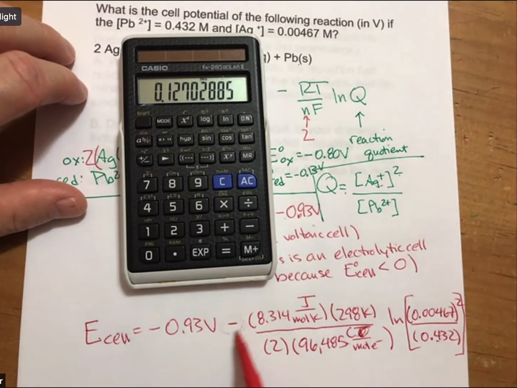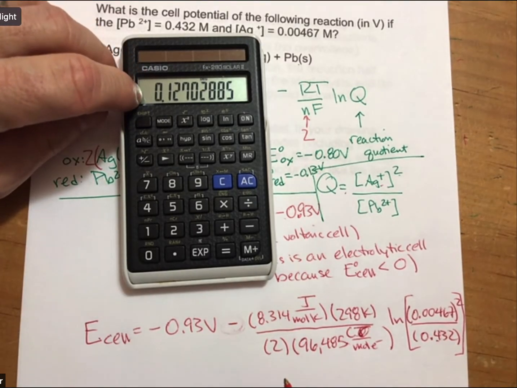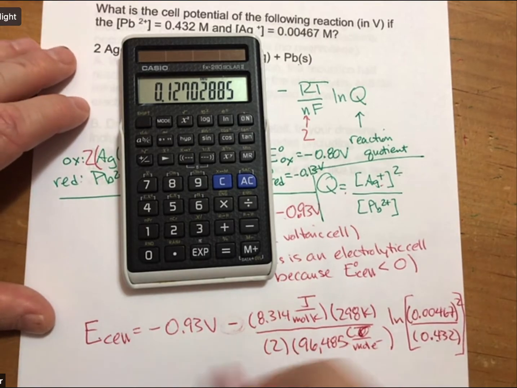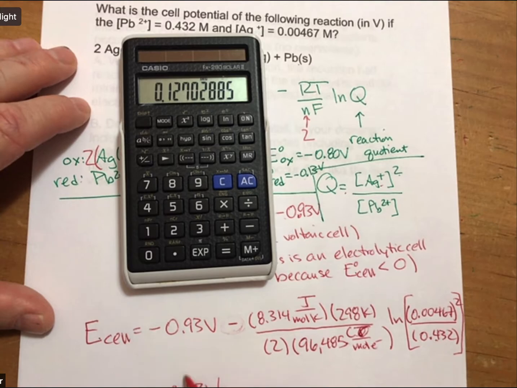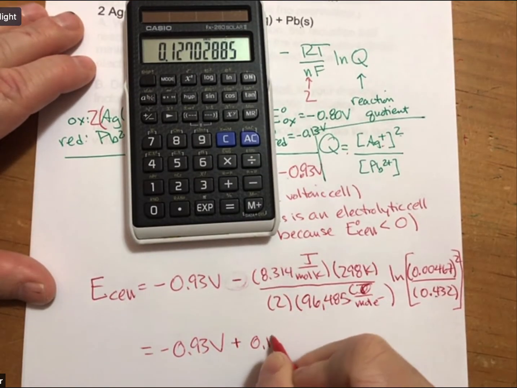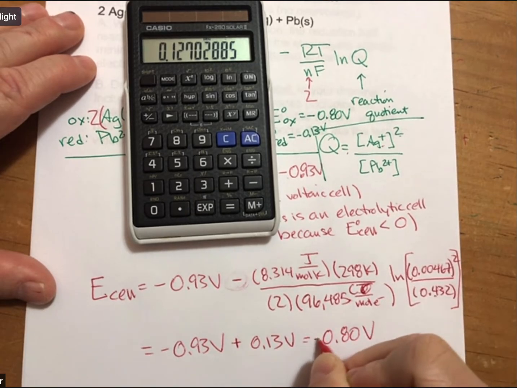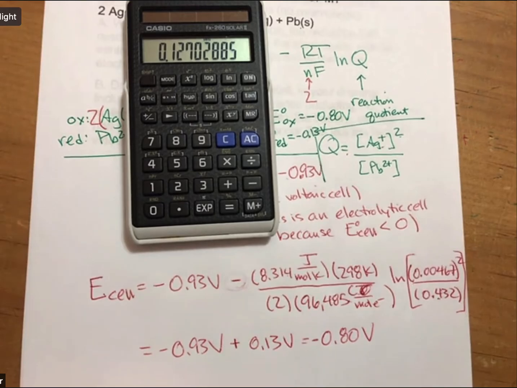I then put in my minus sign. I get 0.127 or 0.13. So we get 0.93 plus 0.13 for a negative 0.80 volts as the cell potential for this process.